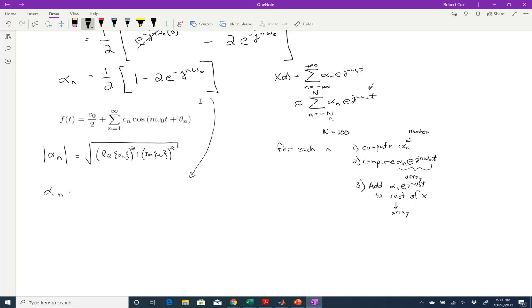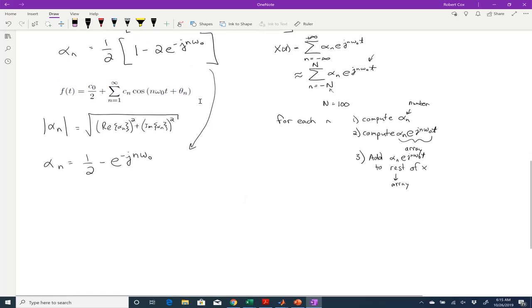So let's try to do that. I could say alpha n is 1/2 minus e to the negative j n omega naught. Now, how do I get that into rectangular form? I get it into rectangular form by remembering Euler's identity, which is e to the j theta is cosine theta plus j sine theta.